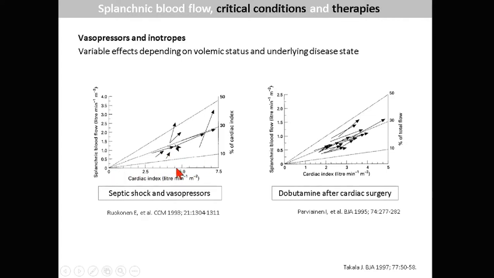Cardiac index, you see quite high, and adding the vasopressor still increased the splanchnic blood flow, but please pay attention to the absolute values here. When it's after cardiac surgery and you give dobutamine at the lower edge of cardiac index and splanchnic blood flow, the effect is more straightforward, with a similar increase in both cardiac output and splanchnic blood flow.